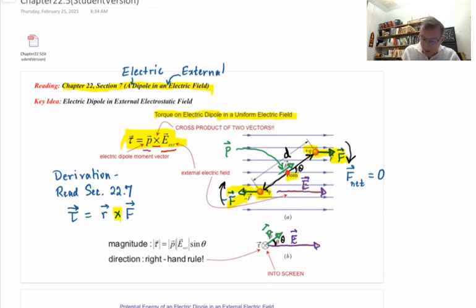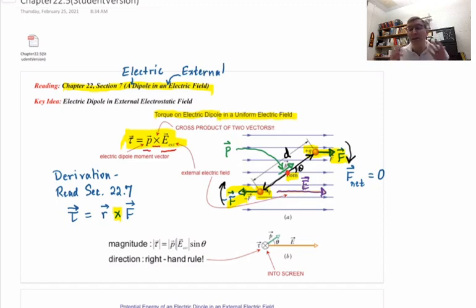All right, so let's go back down now. So I'm telling you that that's the expression, okay? And that's what we will use to calculate torque. The bigger the torque, the bigger the tendency for the dipole to rotate about an axis perpendicular to the screen and through the center of mass. P cross E. That's the formula for calculating the torque on the dipole.